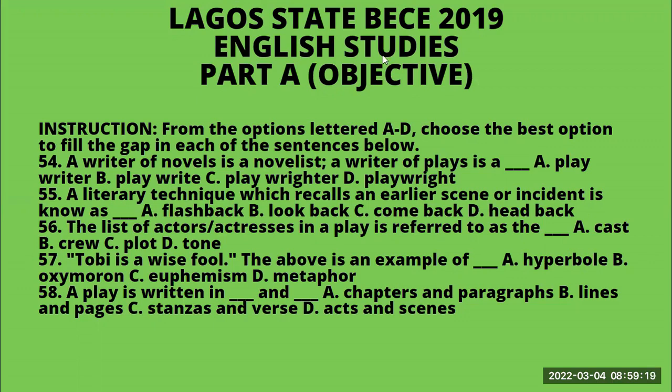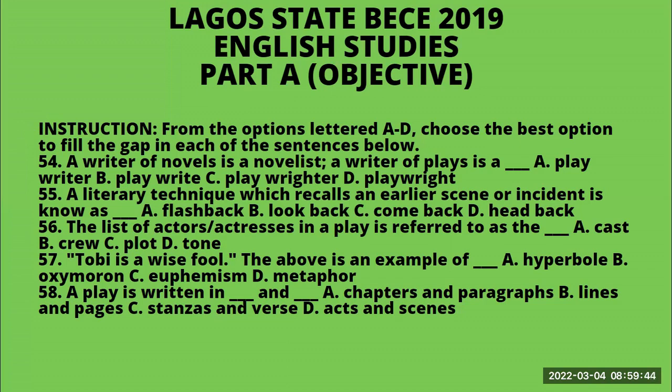Now let's look at the instruction. From the options lettered A to D, choose the best option to fill the gap in each of the sentences below. Question number 54. A writer of novels is a novelist, all right? A writer of plays is a dash.